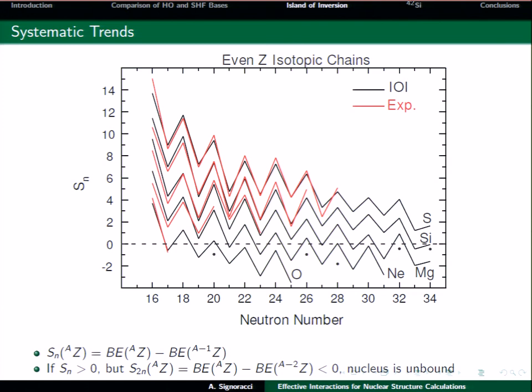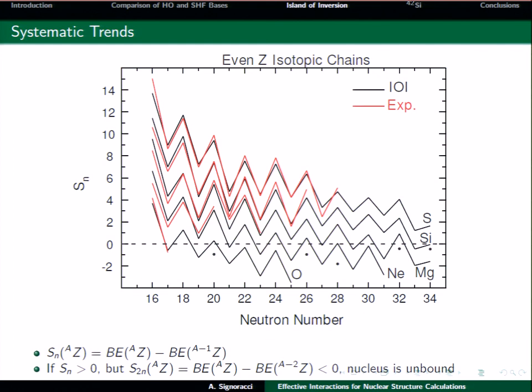So I show the isotopic chains with an even number of protons, the neutron separation energy as a function of neutron number. So I define here the neutron separation energy.